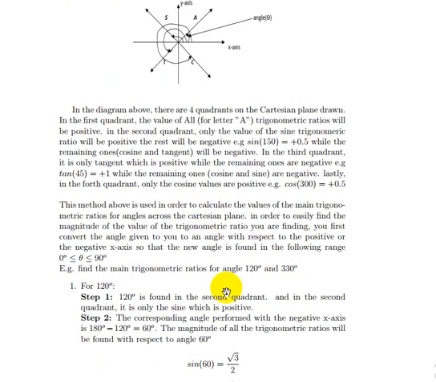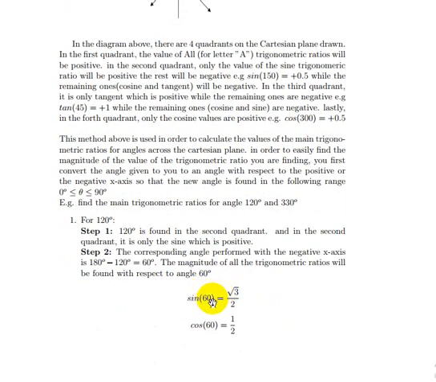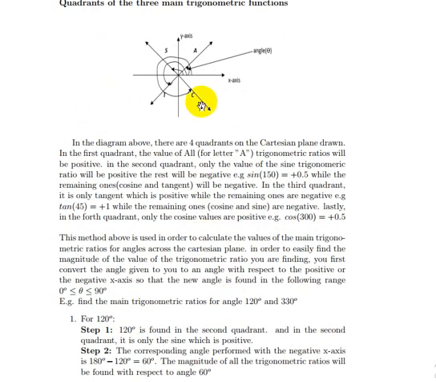The sine of 60 is going to be the magnitude of the sine of 120 degrees, but the sine of 120 degrees sign is not determined by this. So in order to have the sine of 120 degrees, you must use the quadrant method.